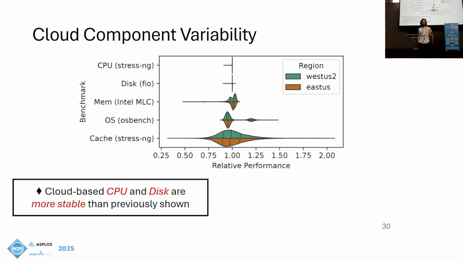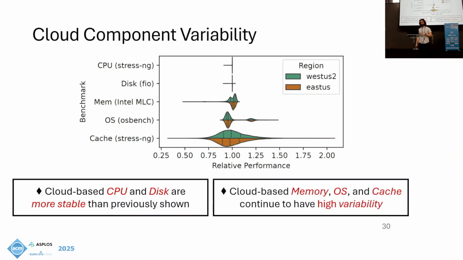And this is in large part because the isolation is not quite as good as it used to be; they don't isolate these components as they do for the CPU and disk resources. For memory and for cache, this means that they don't really isolate the buses that the data is transferred upon, and for the OS, there's essentially contention to the host OS. So we still need to solve this problem of variability. We can't just trust these measurements that we're taking from the cloud.